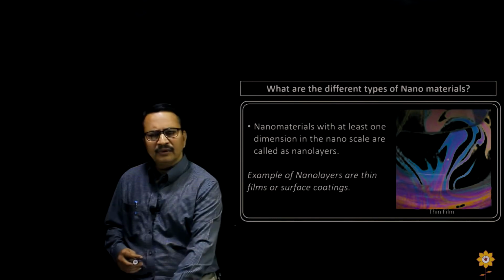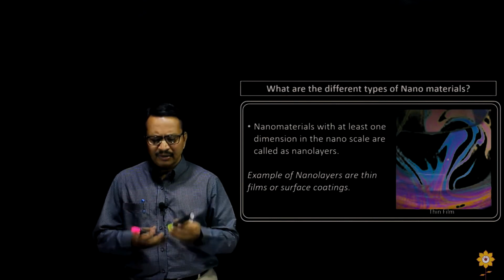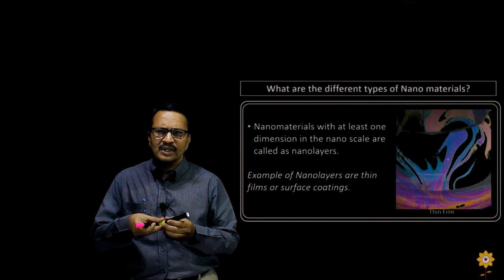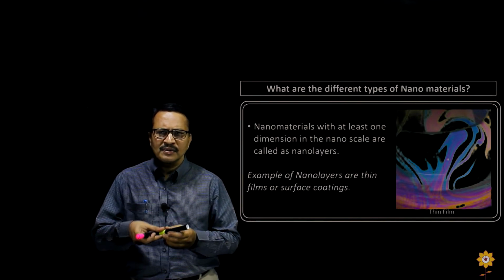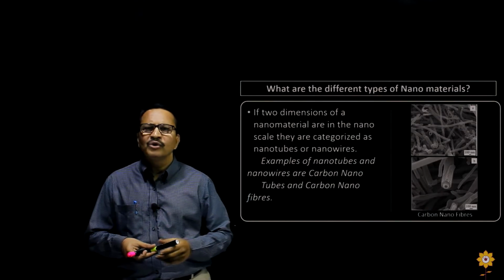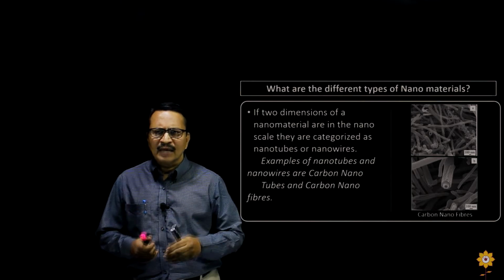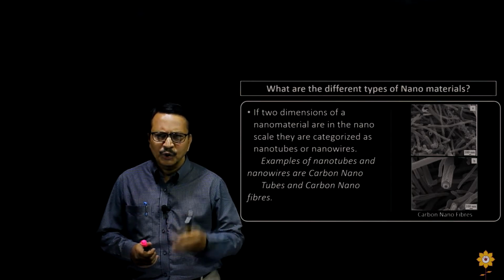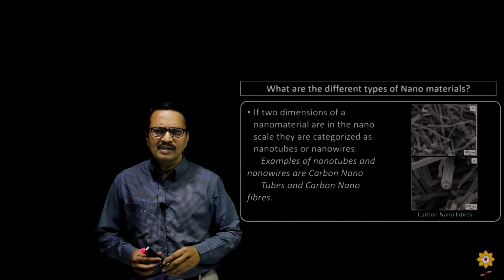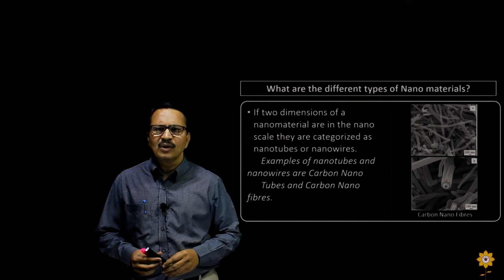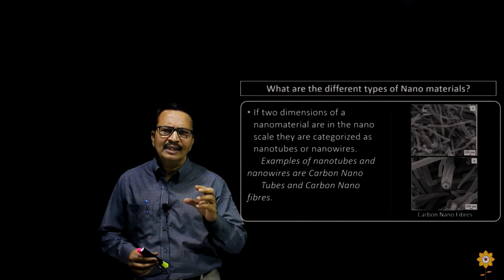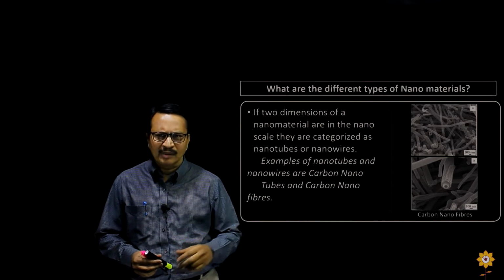Next, if the nanoscale is extended in 2 dimensions, then what we have is either a nanofiber or a nanotube. Examples of this are the carbon nanofibers or the carbon nanotubes. You can see the images of these carbon nanotubes and nanofibers.